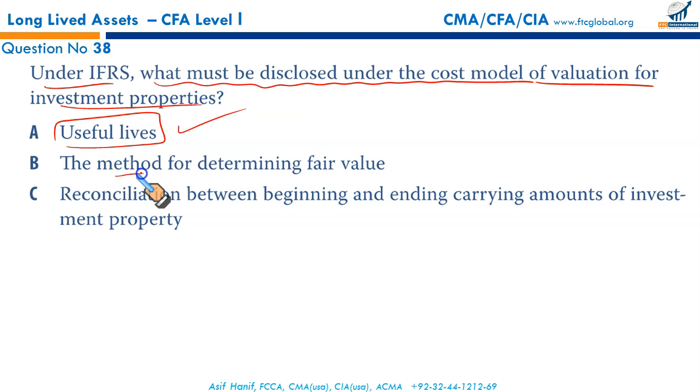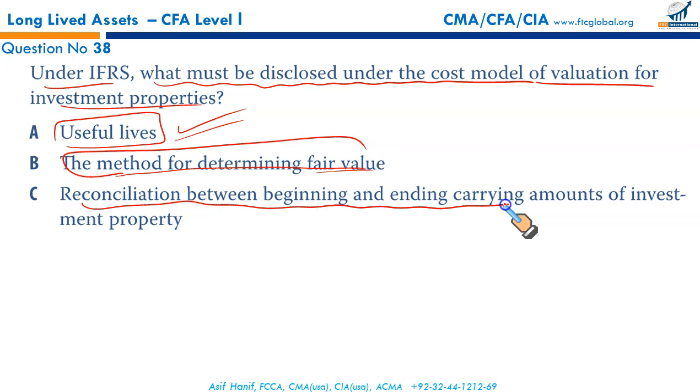Then it says the method for determining the fair value. So IFRS specifically requires the useful life of investment property to be disclosed. The method for determining fair value, reconciliation between beginning and ending carrying amount of investment property, the method of determining fair value as well as reconciliation given in B and C. It is required disclosure under fair value method, not cost model.